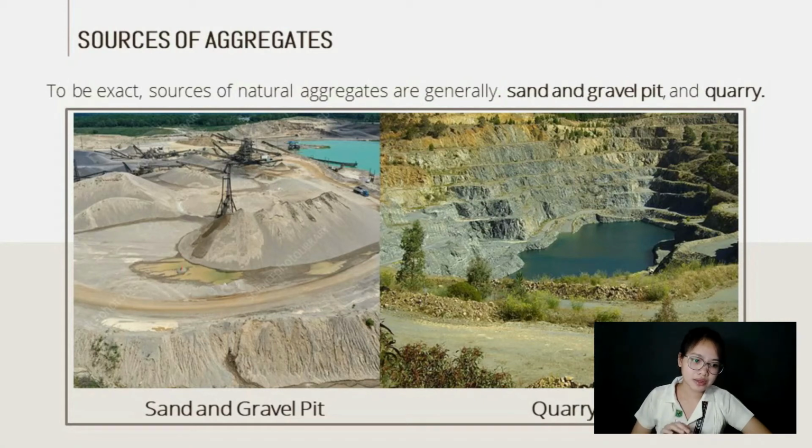Aggregates can be dug directly at the surface. Though the methods of how exactly aggregates are extracted is another topic which will be discussed further. For now, we need to understand the difference between the sand and gravel pit and quarry, which are the two general sources of natural aggregates.